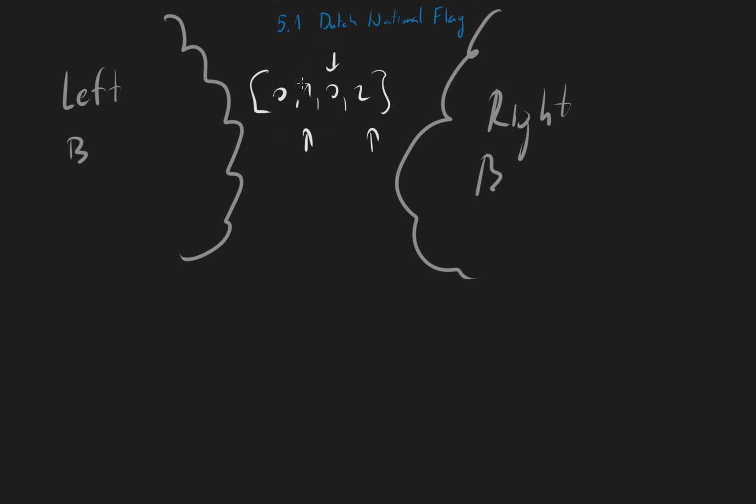Now we have 0, so we swap 0 with the left boundary and increment both pointers. Okay. Now we have a number that is bigger than our pivot, and we need to swap the current number, which is the same, and just move the right boundary pointer, right?